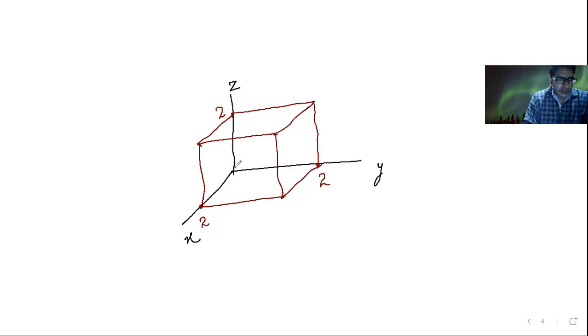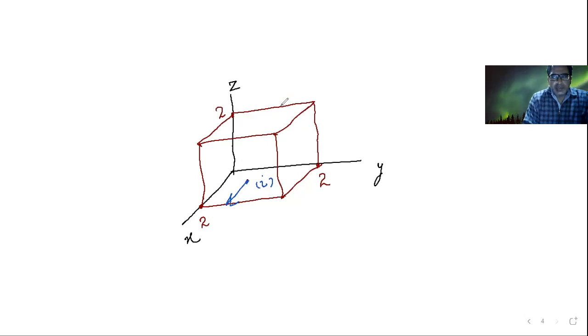Now we name the faces. This front face, I label as first. This arrow indicates it is taken as outward.